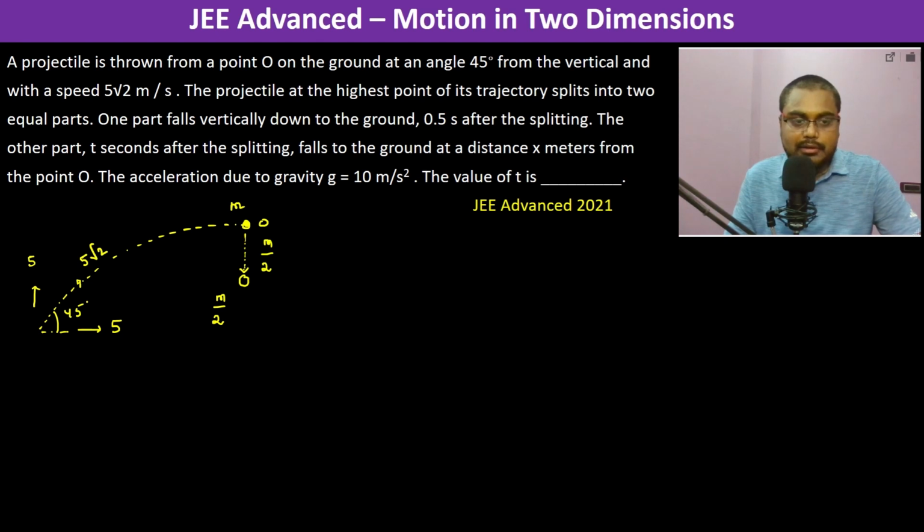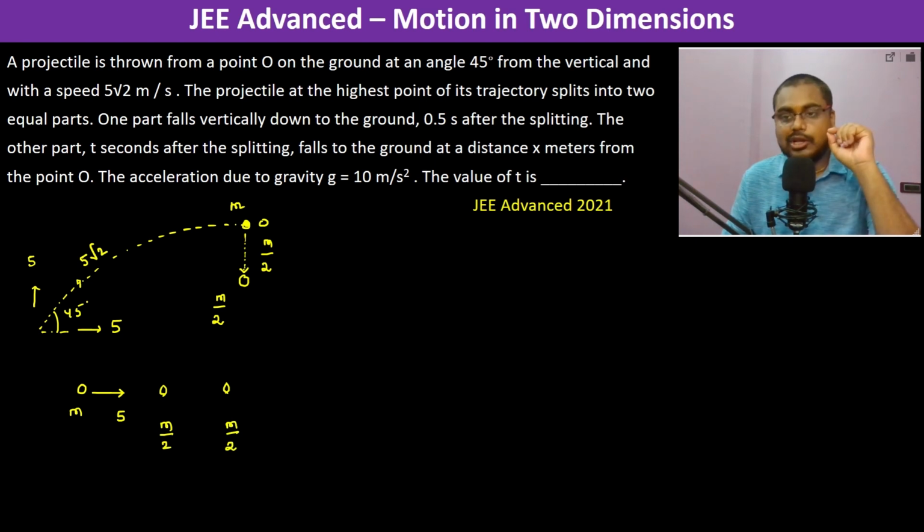So here we have to do conservation of momentum. Okay, so we will write down. So this was m, which was going with velocity of 5, because at the highest point vertical velocity has become 0, so it is going with 5, and now it breaks into two halves, okay, which is m by 2 and this is also m by 2. Now this has no velocity, that's why it's going to fall vertically down.